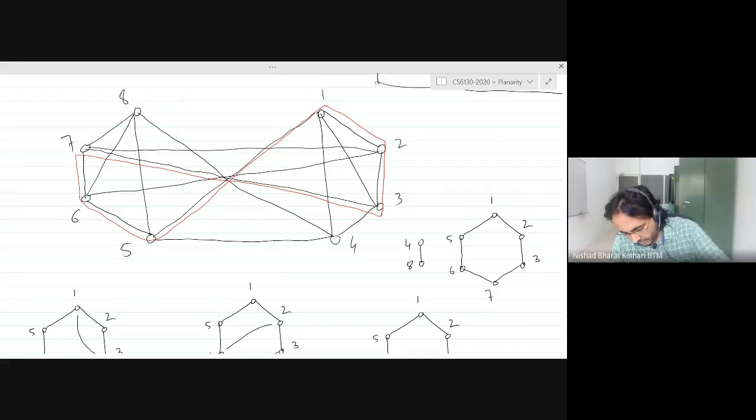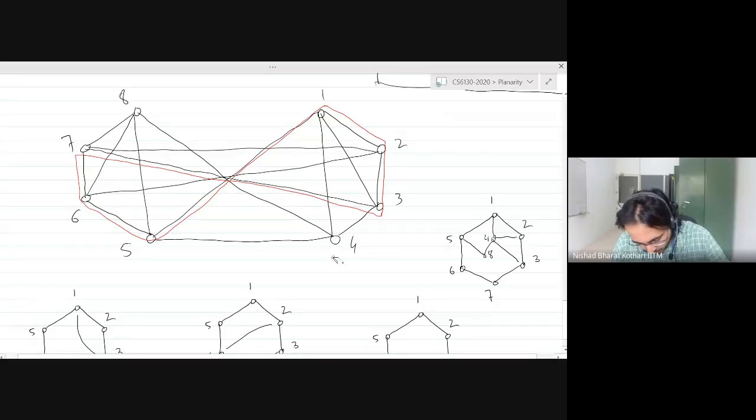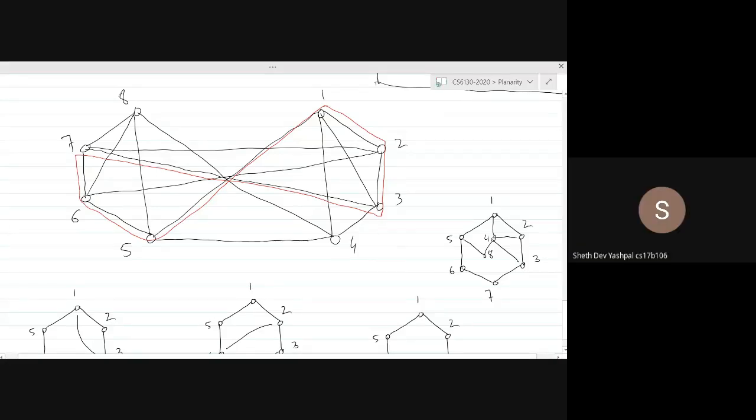Oh, okay, good. So let me put it differently then. Let me draw it inside. 4 connects to 1, 2, and 3, and 4 and 8 are connected. Sorry? 4 should be 1, 3, and 5.